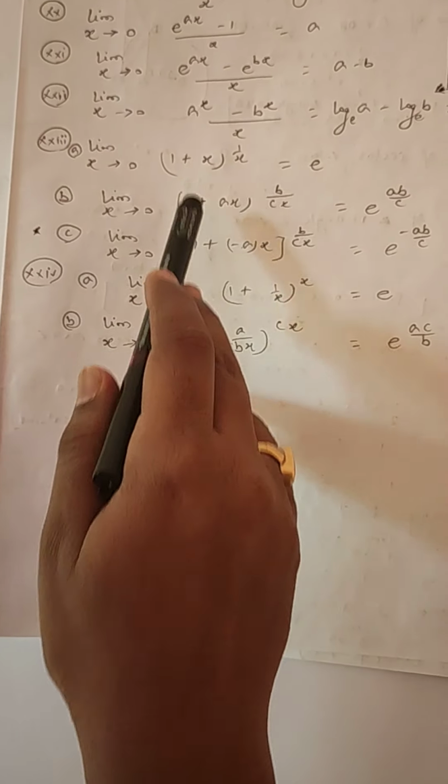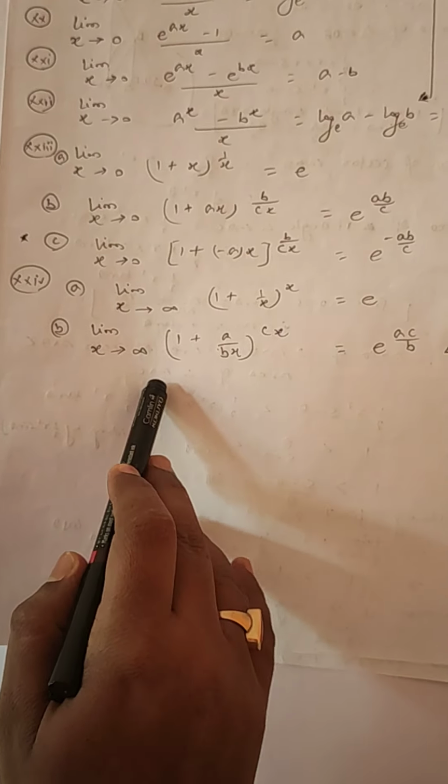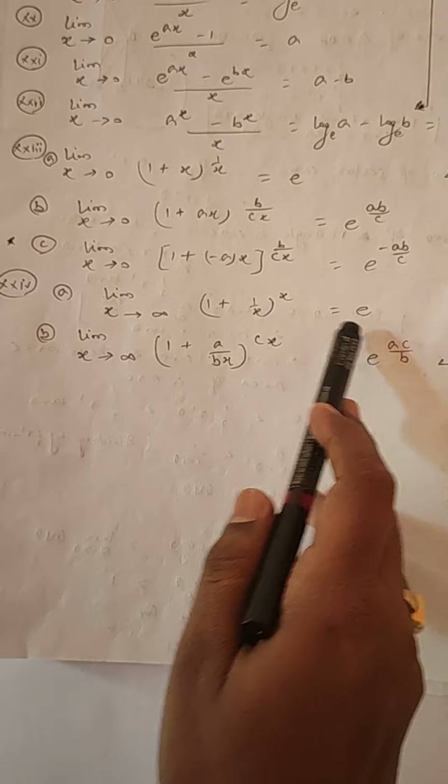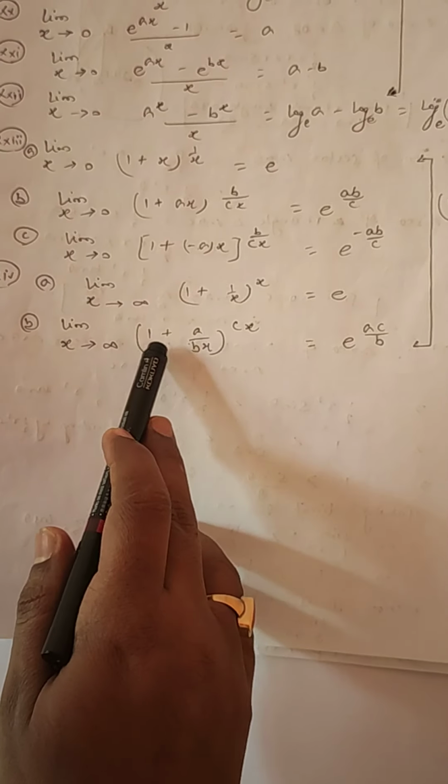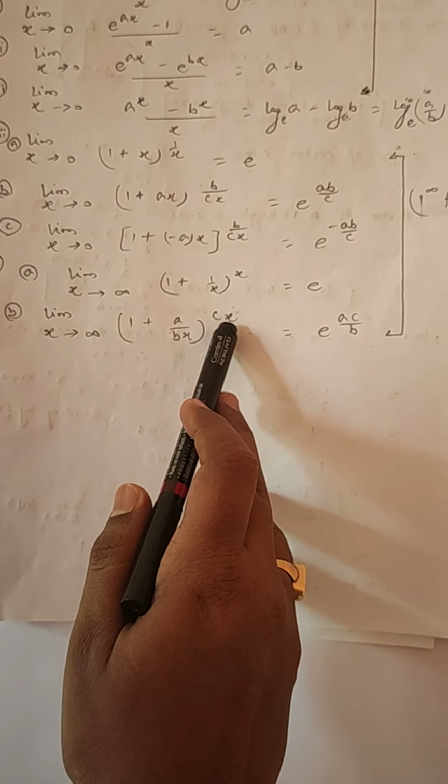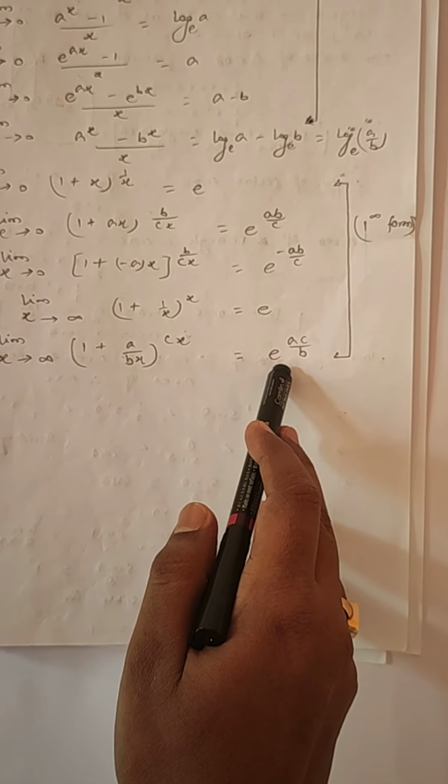Other form of this: limit x tends to infinity of (1 + 1/x)^x is equal to e. Limit x tends to infinity of (1 + a/bx)^(cx) equals e^(ac/b). Now we are going to solve one of the results.